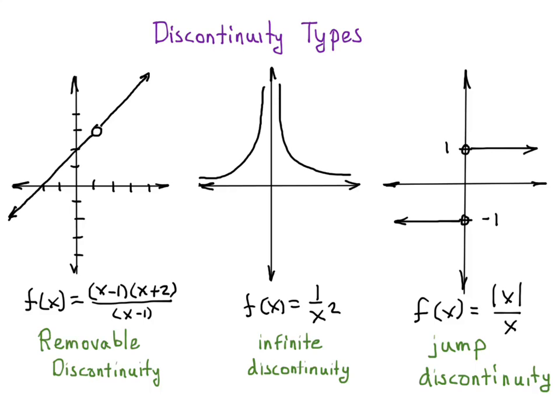It jumps from -1 to 1. Now notice there are holes on both the top and the bottom. That's because we don't have a value defined at x equals 0. We have 0 over 0 in that case. So it's not only a discontinuous function, but the limit as x approaches 0 does not exist.